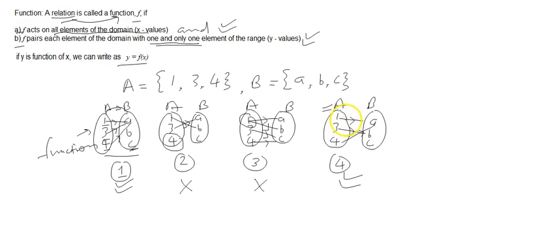Now all these values A, B, C are called images.